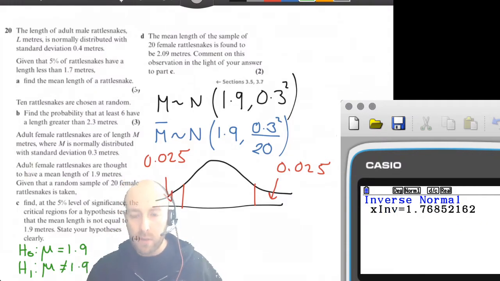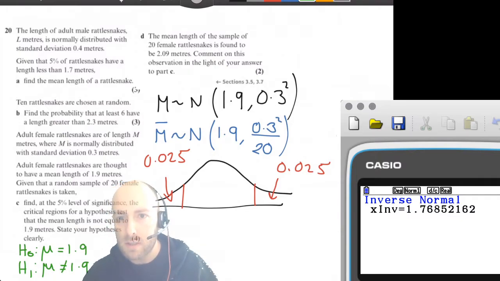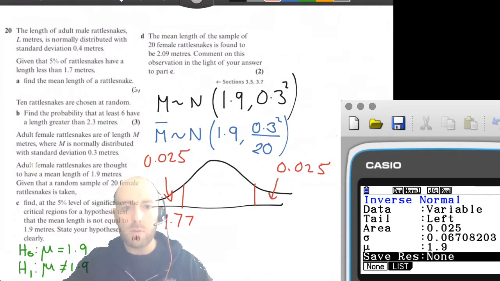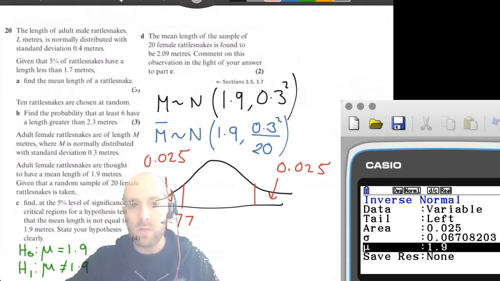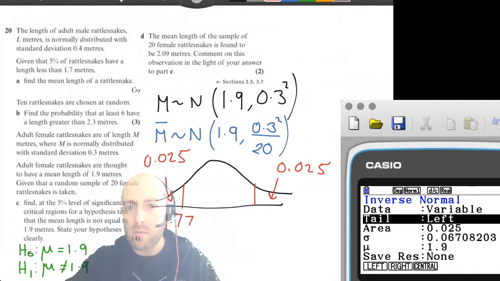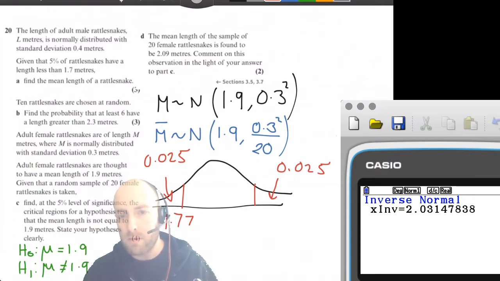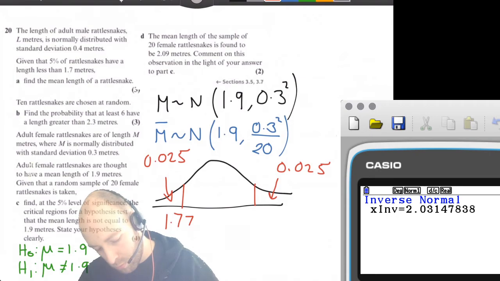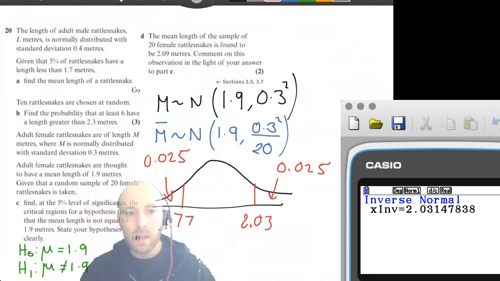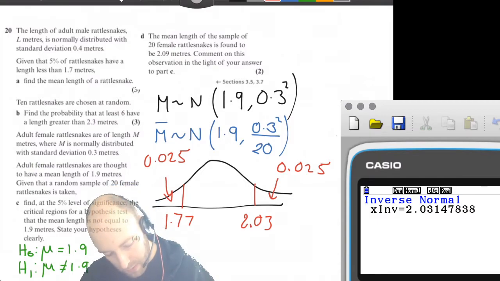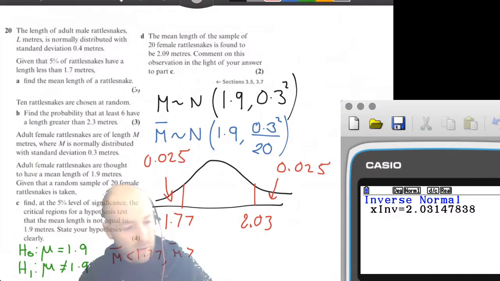So we get our inverse normal value there is going to be 1.77, which is my first critical region. And we're going to do the same thing. So on ClassWiz, you'd want to change your probability to 1 minus 0.025. And on the graphical, we can just change the tail to right. And we should get 2.031, or 2.03, we'll say there. Okay, so those are my critical regions. So critical if the mean is less than 1.77, or if the mean is greater than 2.03, it's also critical.